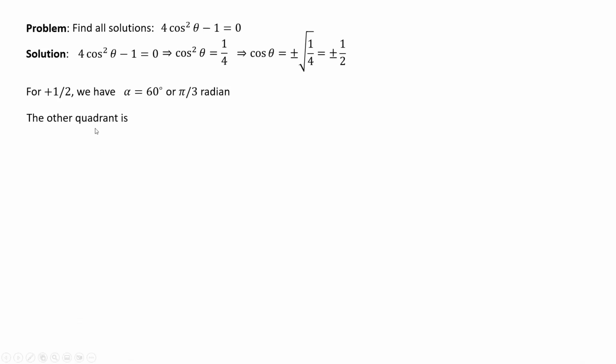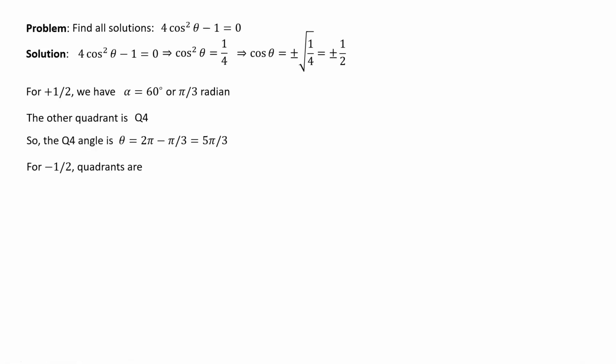The other quadrant where cosine is positive is the fourth quadrant. How do we find a fourth quadrant angle using alpha equals pi third as the reference angle? 2 pi minus pi thirds. So 5 pi thirds. Cool. So the two different angles theta that satisfy 1/2 are pi third and 5 pi third.